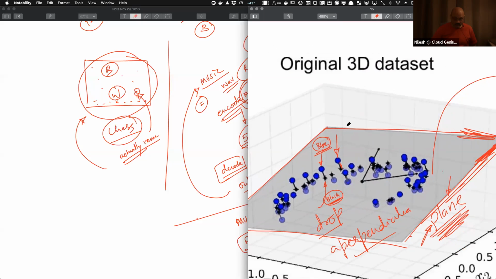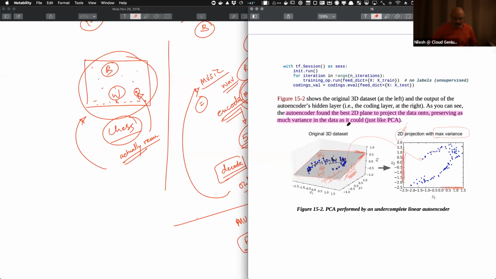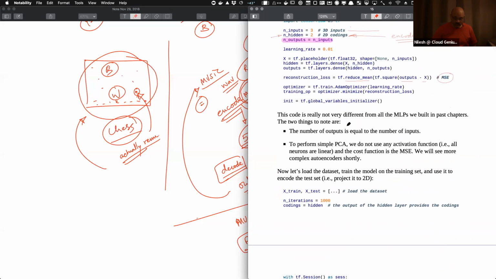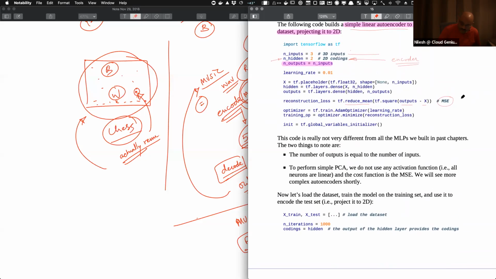That same distance, I want to minimize, and that is what this calculation is doing right here. So we want to optimize and minimize the reconstruction loss, which is basically a mean squared distance between output and the original input.